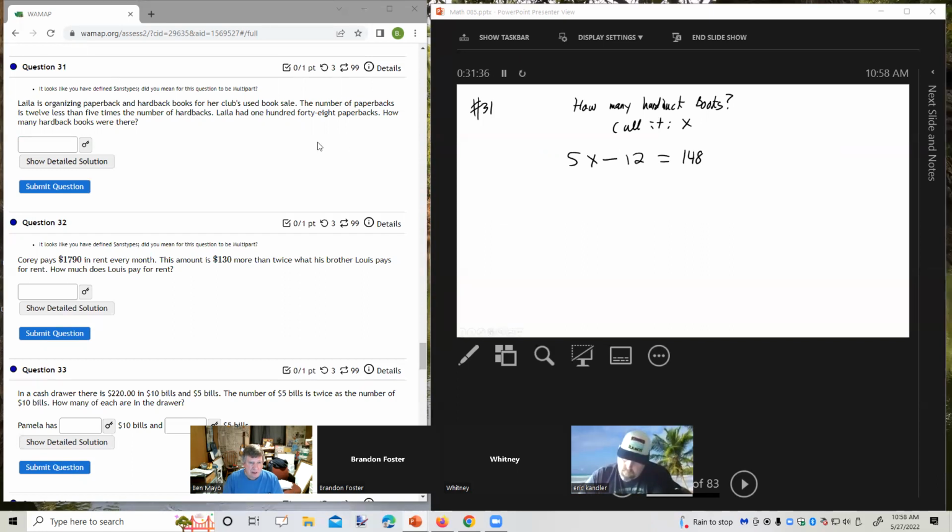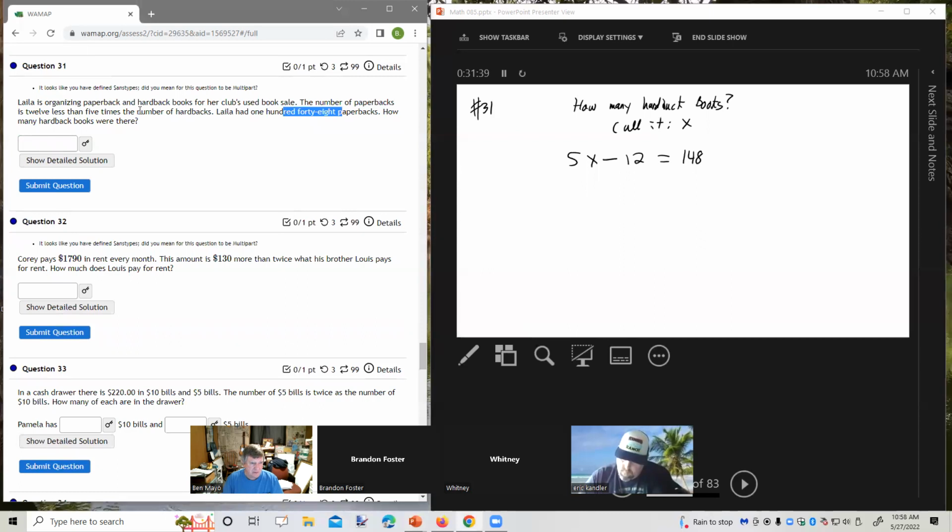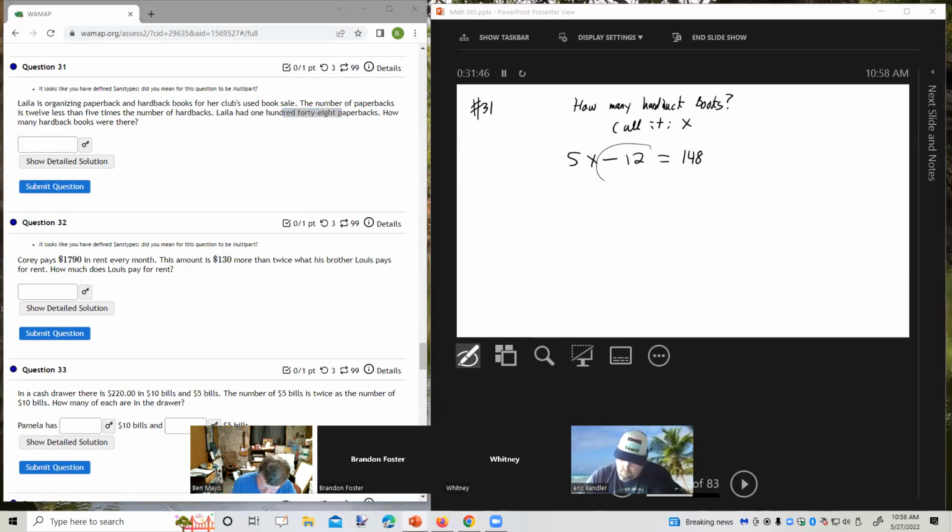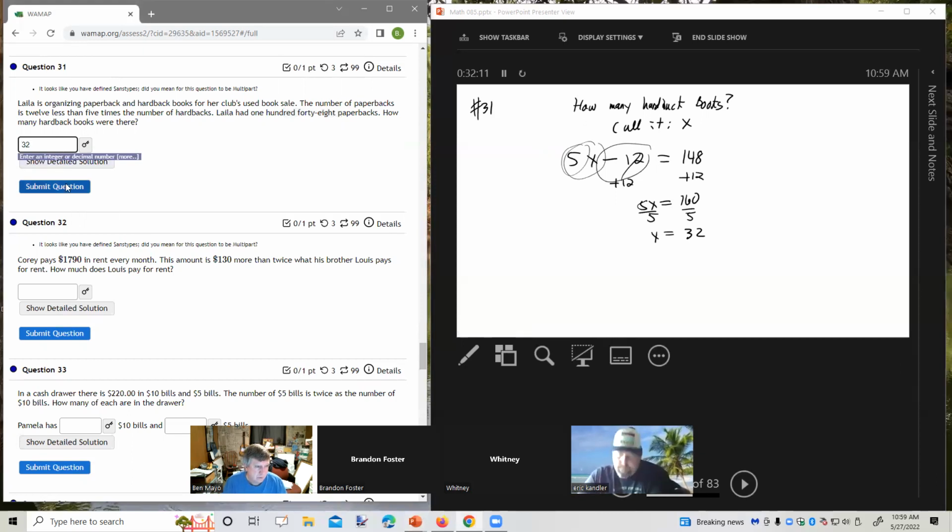It's given outright as 148. It's also given as 12 less than 5 times the number of hardbacks. So 5x minus 12 equals 148. Add 12 to both sides. 5x equals 160. Divide by 5, x equals, let's see, that's going to be 32. So how many hardback books are there? 32.